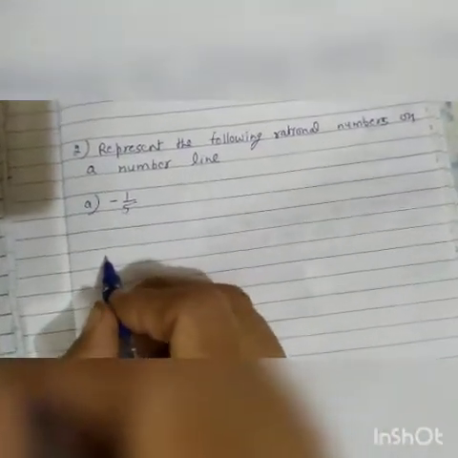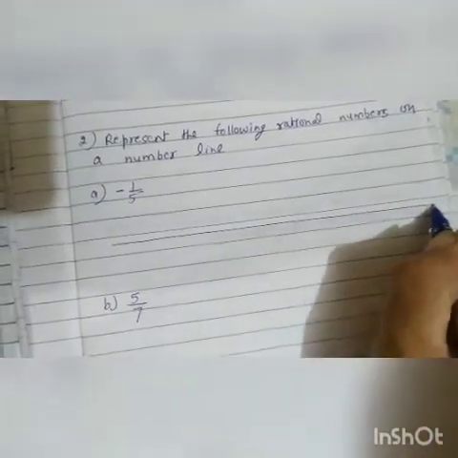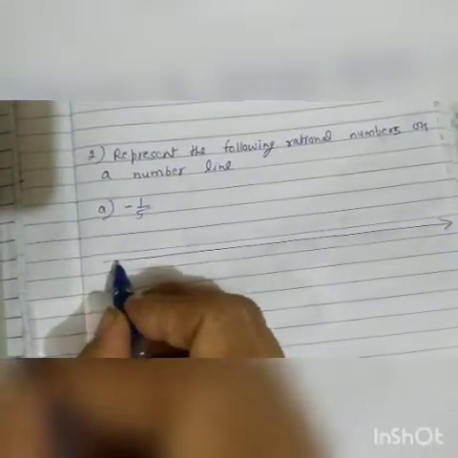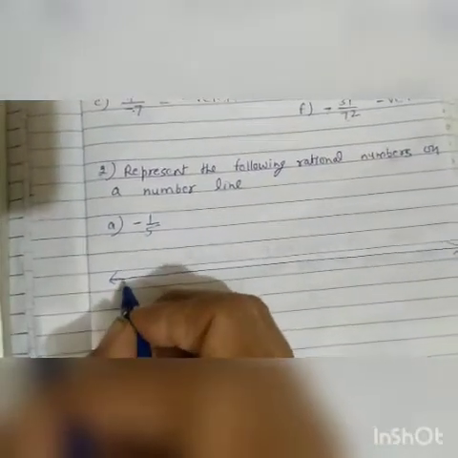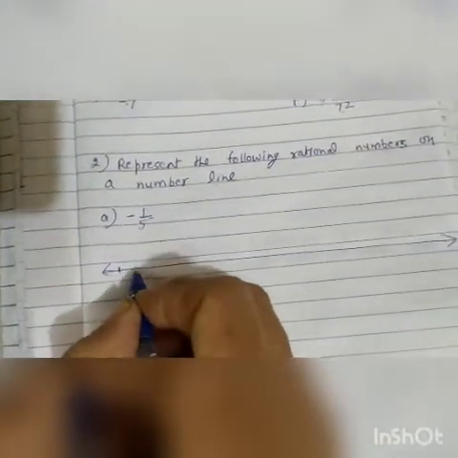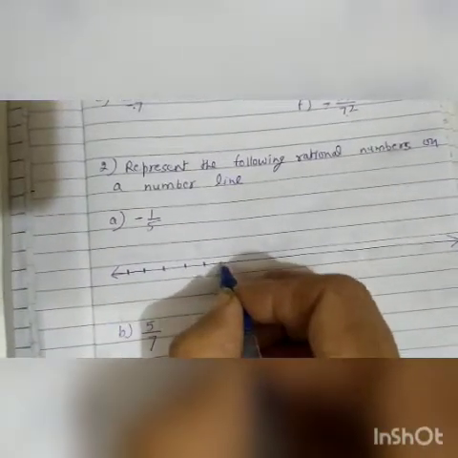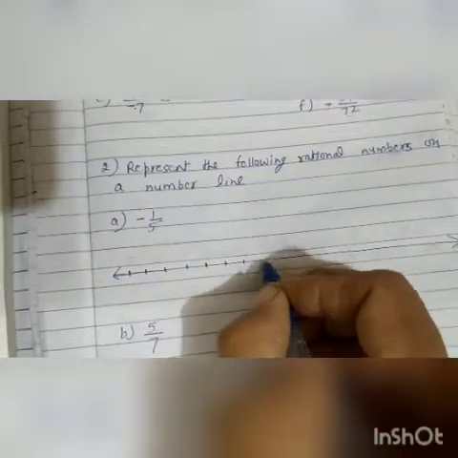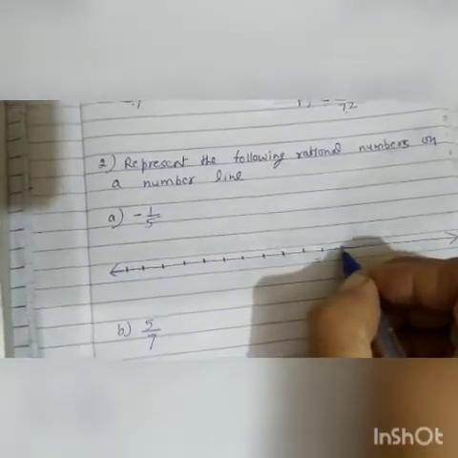Okay. So, to represent minus 1 upon 5 on a number line, first we will draw a number line. You will draw this number line with the help of a scale and pencil. Then divide this number line into some parts, or we will put some marks at equal distance like this.